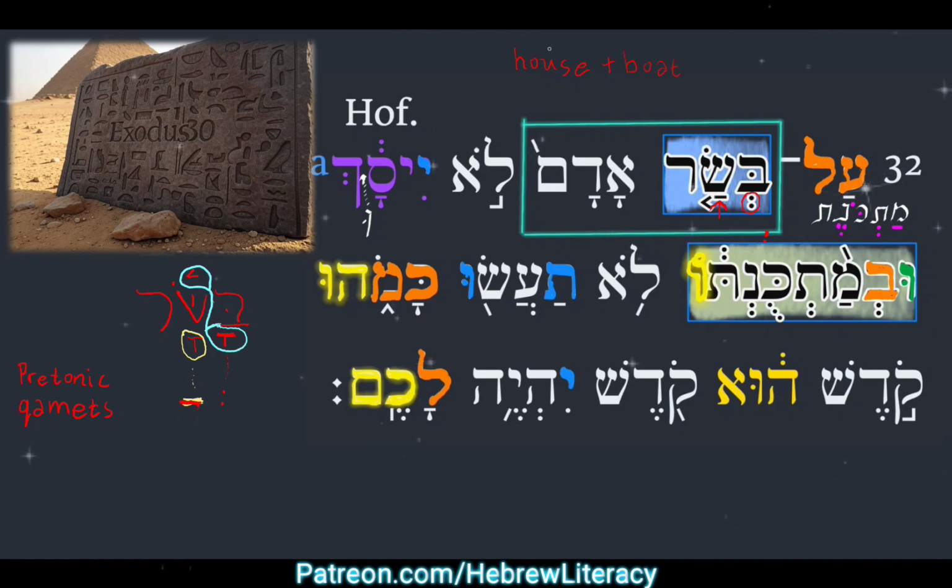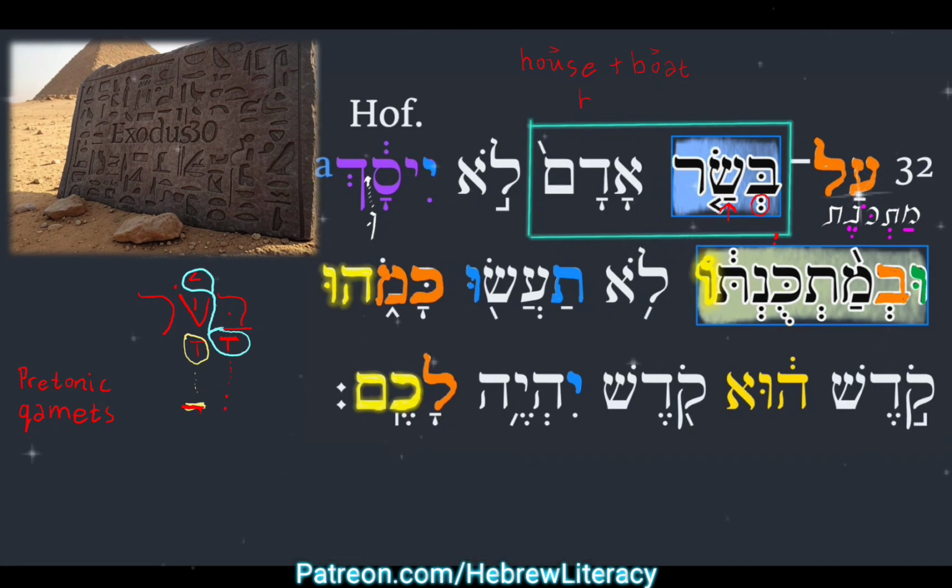Boat. So we have house, boat. And when you put them together to make a new compound word, we have this word houseboat. Houseboat. It's one word now.